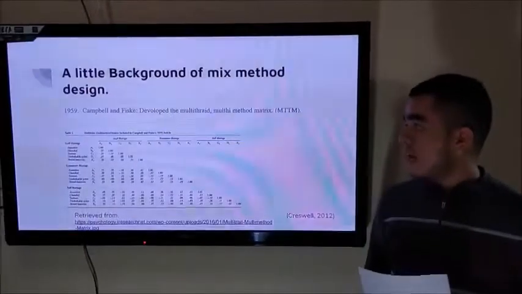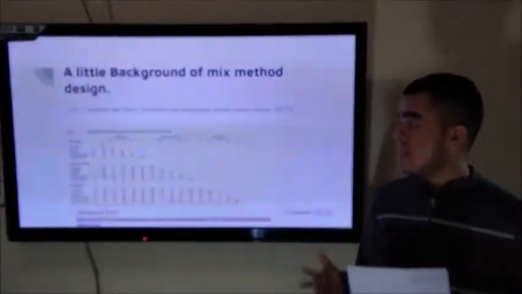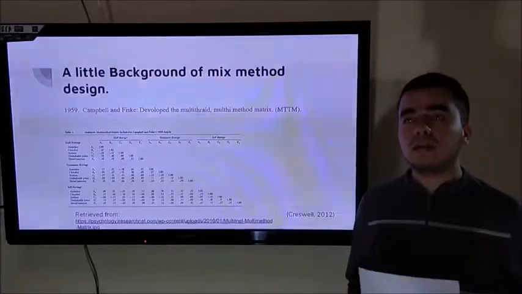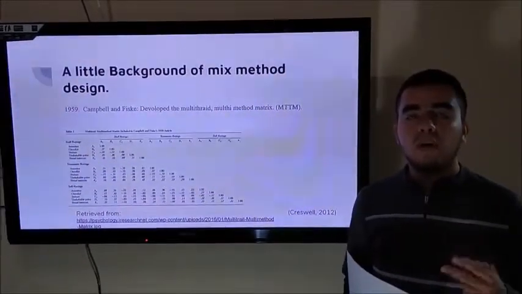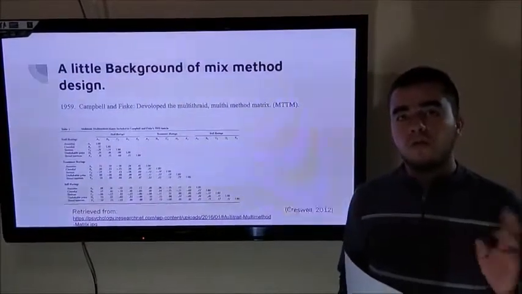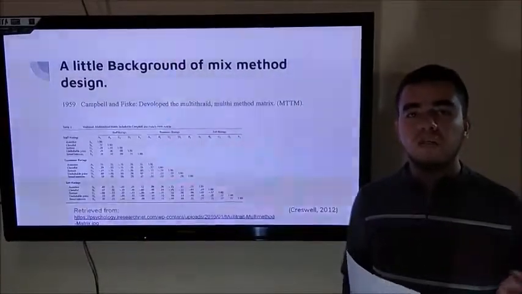But it was not until the 70s that they started to consider the implementation of one more method, or two or three different kinds of data collection.